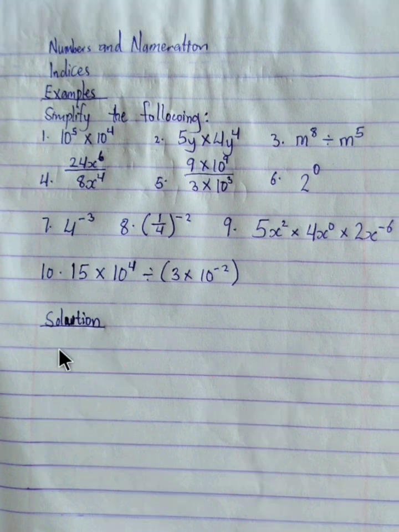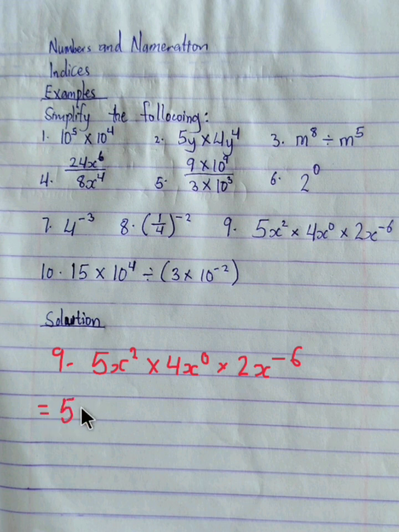Now question number 9, we have 5x squared times 4x raised to the power 0 times 2x raised to the power minus 6. Now you can rearrange this and write 5 times 4 times 2.